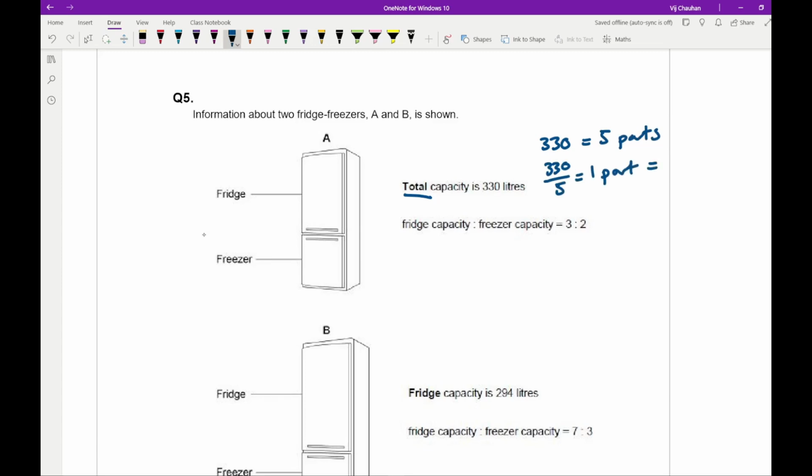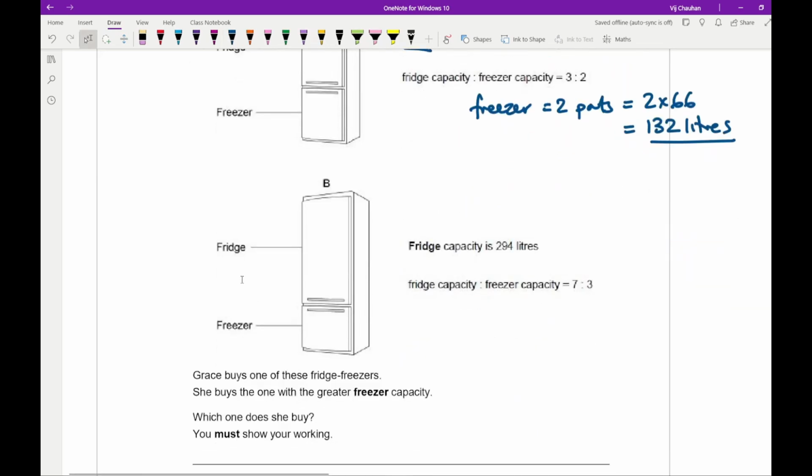We can do it manually or using a calculator, but I'd say probably non-calculator if you want to test yourself, but 1 part is 66. Now the freezer here is 2 parts, so I need to do 2 times 66, which gives me an answer of 132 litres.